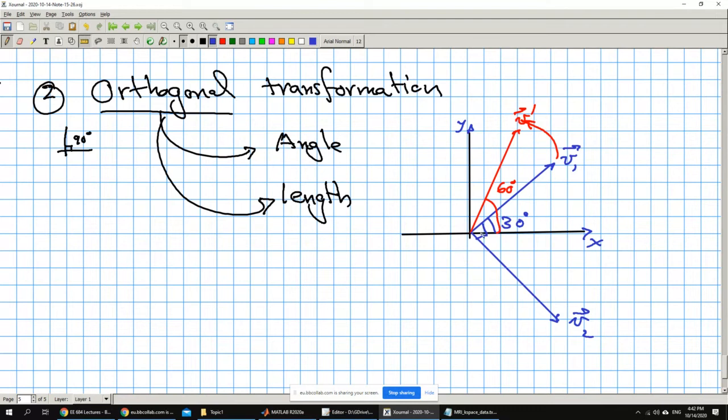Basically, if this is 90 degrees, this is 60, the remaining angle here would be 30, right? Because the sum of these two angles would be 90 degrees. So if I rotated this vector by 30 degrees, just like I did to this one here, it will come out like something like this.